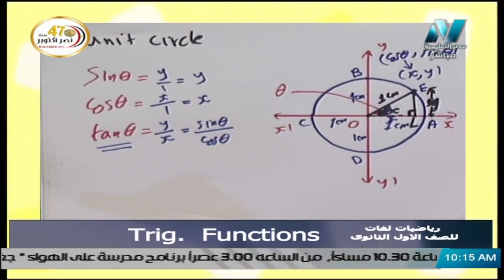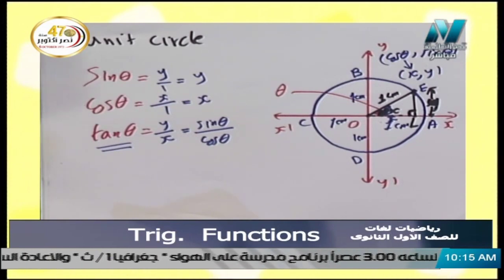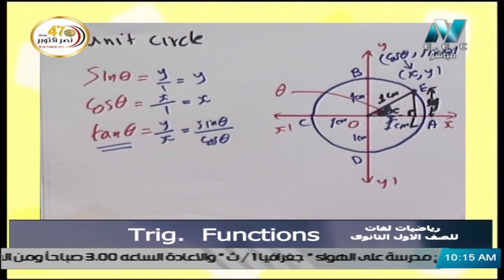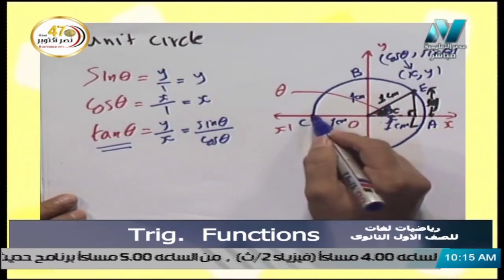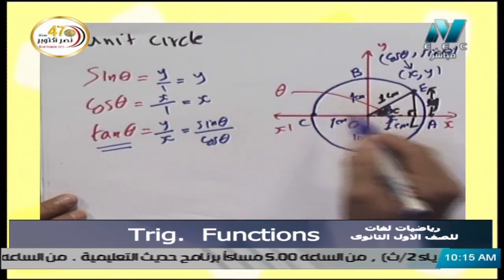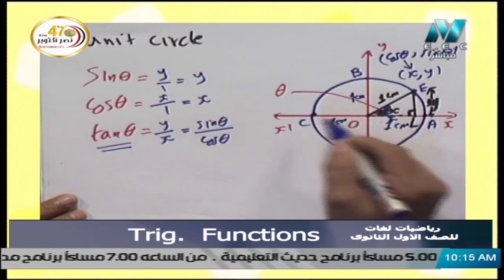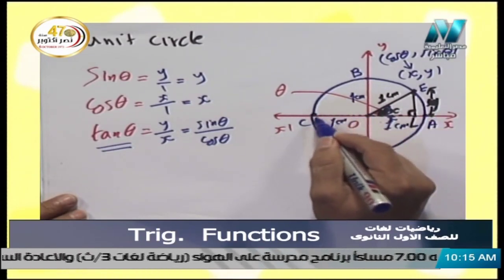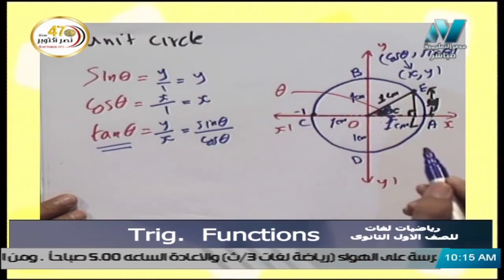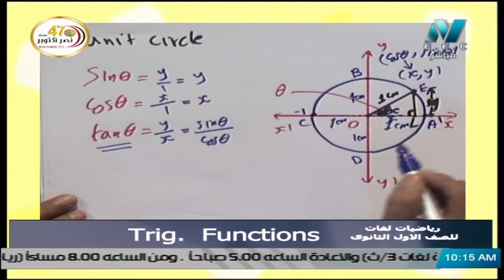Okay, let's move to another thing about the interval of x. X here on the circle, starting from this point to this point, from C to A. This part is 1, but we have here -1, and we have here 1.